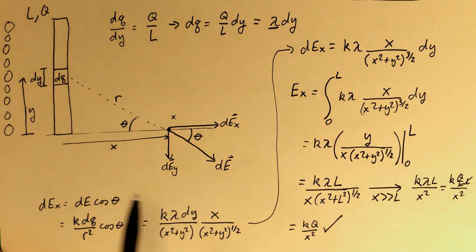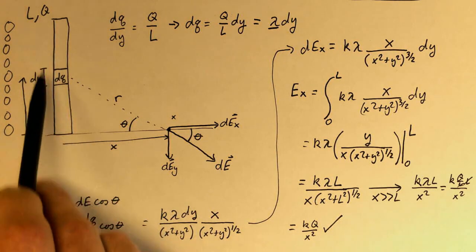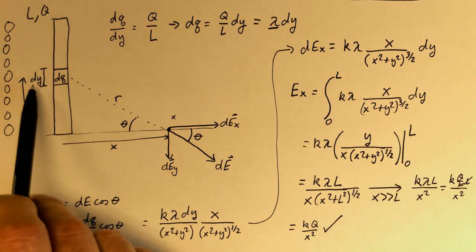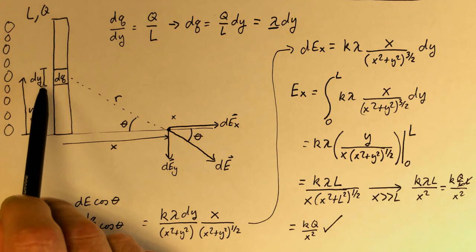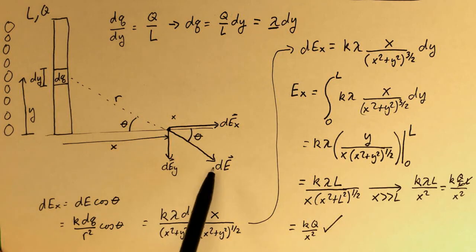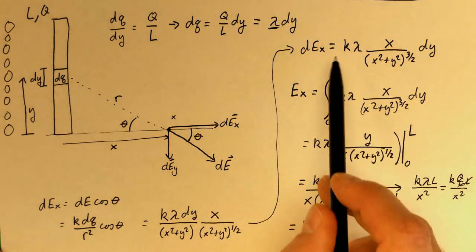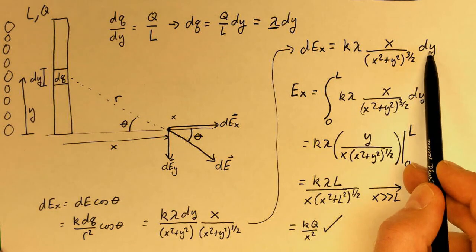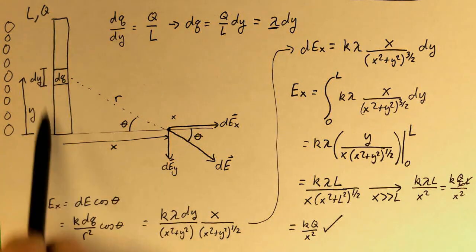The main idea is that you have to break up the total charge, the total object, into a little piece of charge with a little dimension, whatever that convenient dimension is. Then you have to break it into components to source from that little piece. Find the electric field for that little piece in terms of an integration variable. In this case it was y, because all the charge was along y.